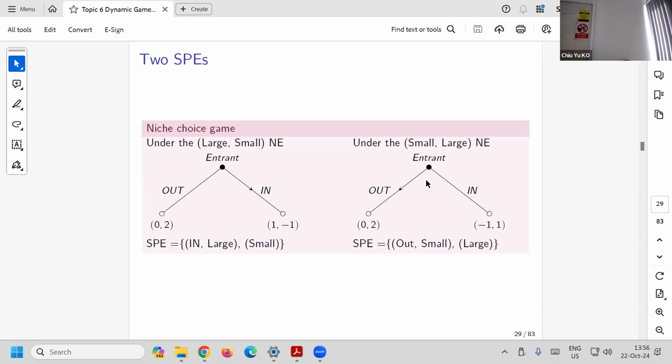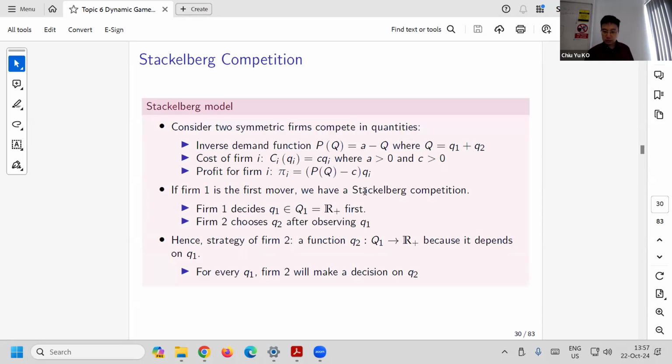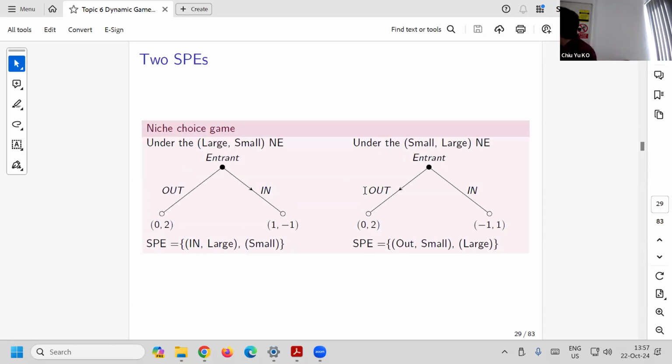Look at nature: why do we see animals with camouflage, pretending to be very strong? That is the idea, to avoid conflict. So if you come in, you have a bad outcome, so don't come in. That means it's more credible: when you come in, it's not going to work, so you'd rather stay out. Okay.